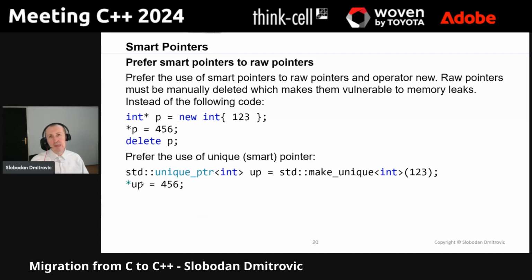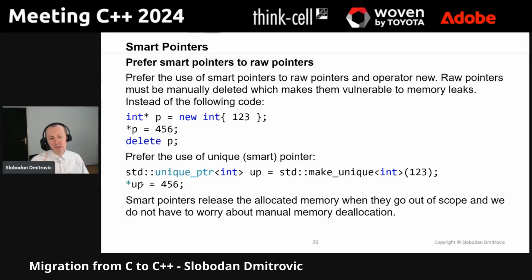So this is the way we should approach dynamic memory allocation in modern C++. And when they go out of scope, they clean up after themselves, and that is why we prefer using unique pointer nowadays, especially in C++.